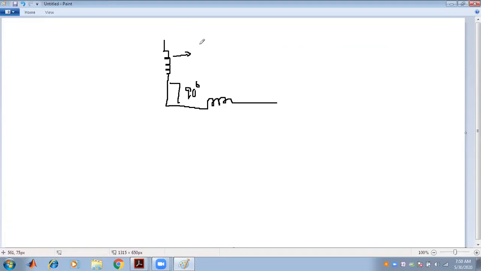This coil is known as the reference coil, and this coil is generally known as the quadrature coil.